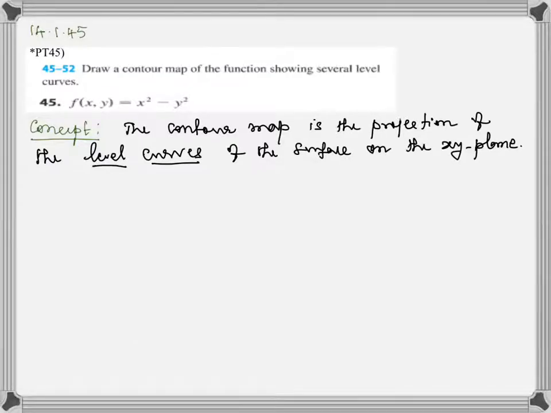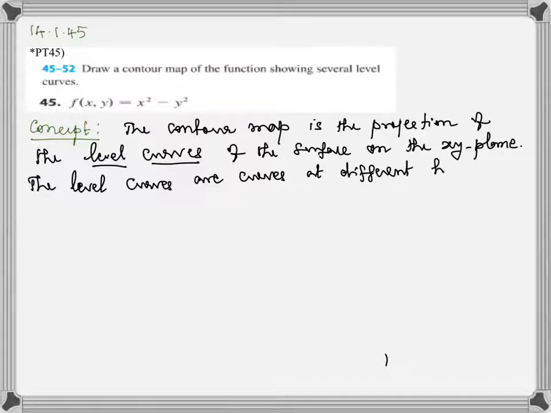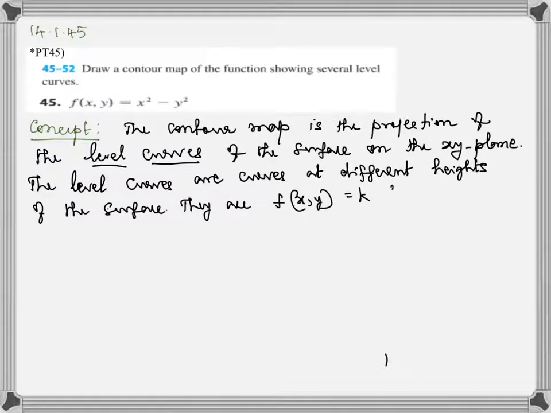The level curves are curves of intersections of the surface with the horizontal plane z equal to k. The level curves are curves at different heights of the surface as well, right? They are f of xy equal to k, or you are setting z equal to k for various values of k.